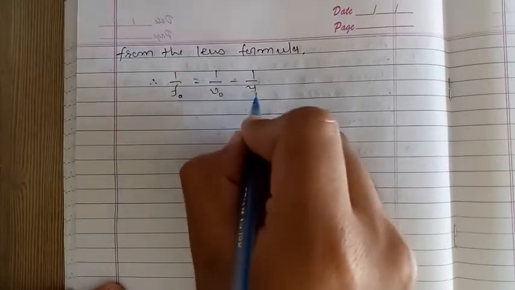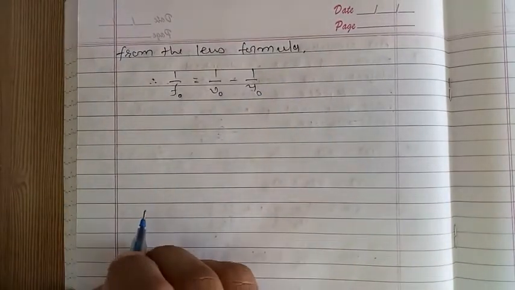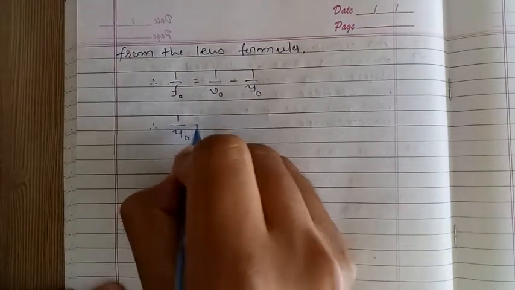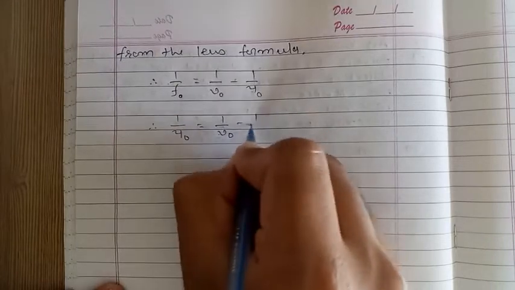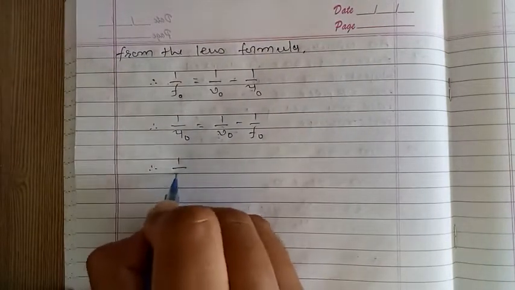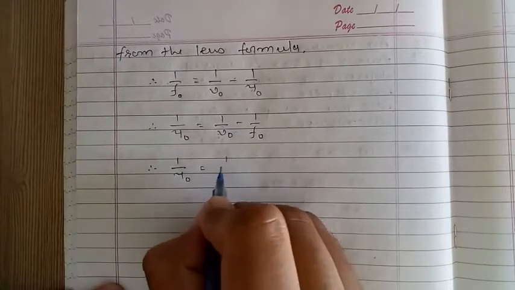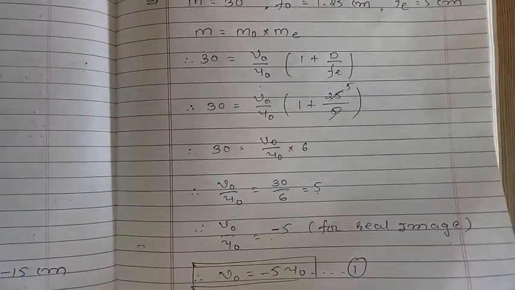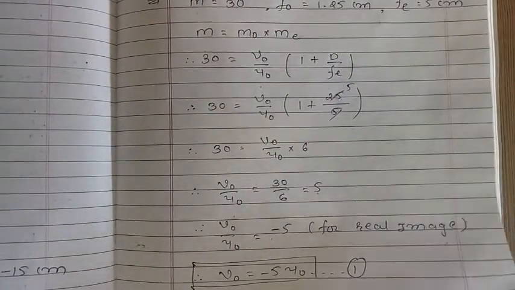So FO, VO, UO. We have to find UO. So 1 by UO is equal to 1 by VO minus 1 by FO. So 1 upon UO is equal to 1 upon the value of VO. We know that VO is equal to minus 5 UO.